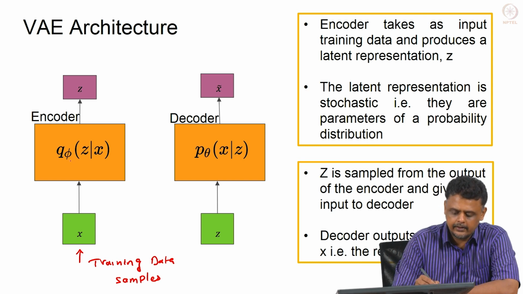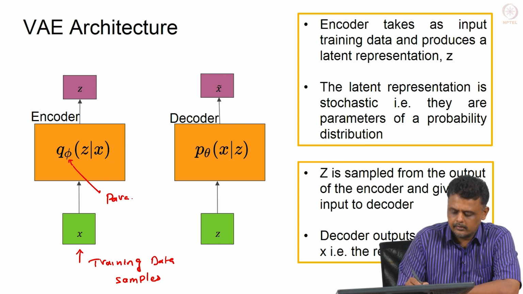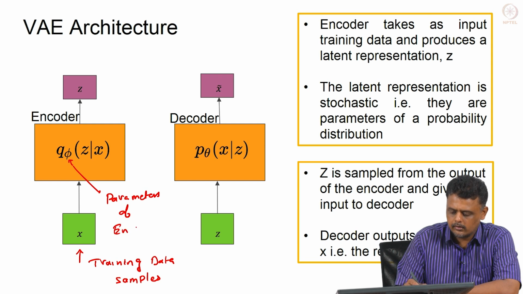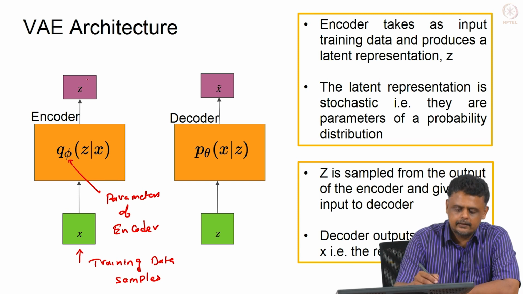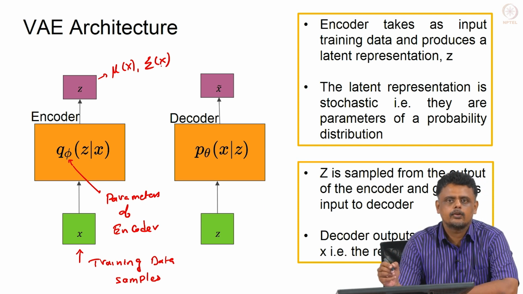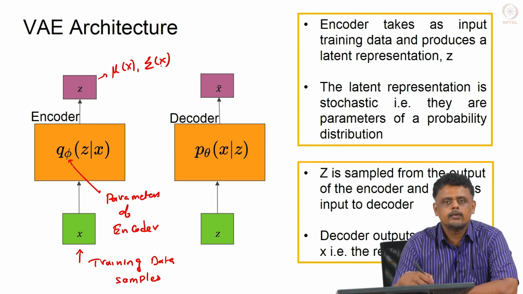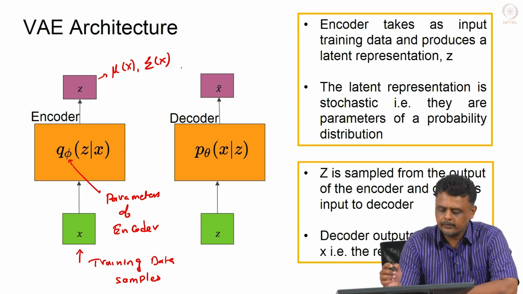So, the phi are the parameters or weights of the encoder, right, and it gives you output z. In this case, again a slight abuse of notation, you do not exactly get z, but you would get the parameters, because they are dependent on x. Okay. So, for every x that you give as input, you have a corresponding mu and sigma coming out for it.